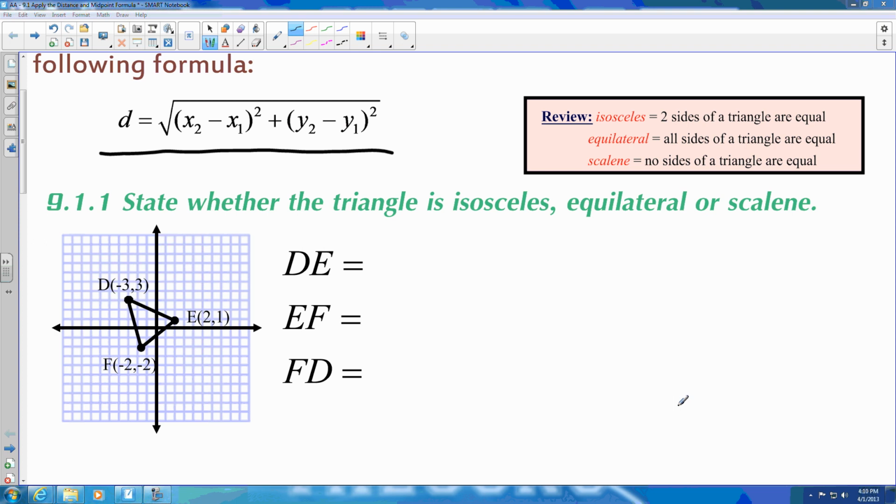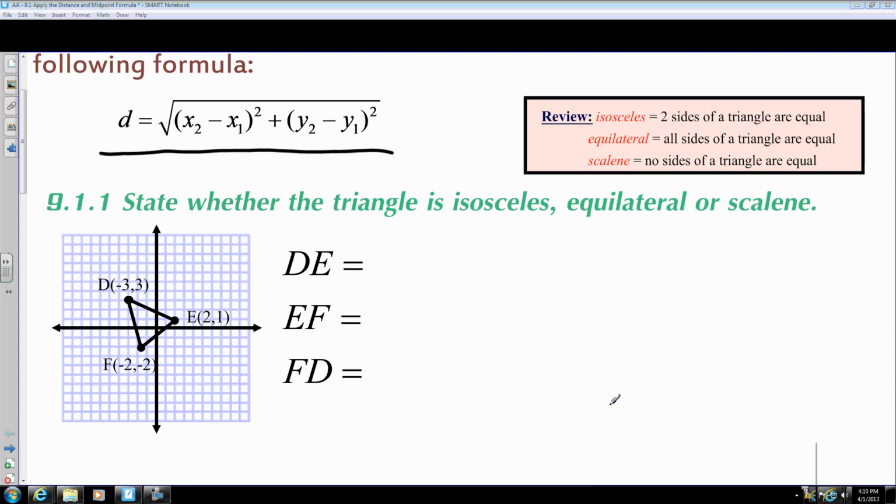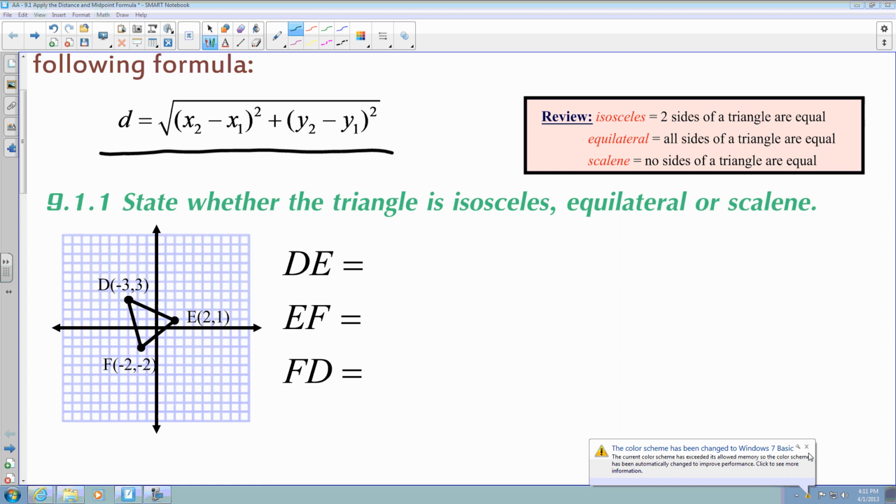What we can do is determine the dimensions of each of the sides by using the distance formula. You have to determine which one is your x1 and y1 and which one is your x2 and y2.